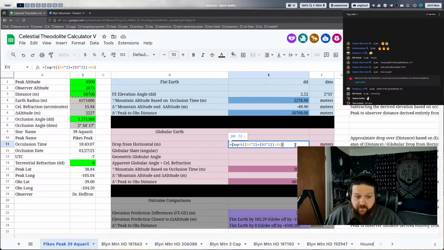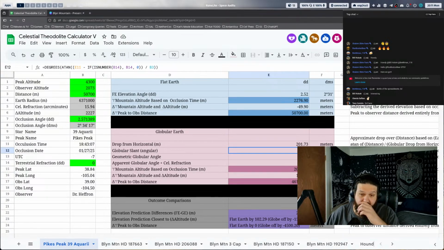So for the globe prediction, we just take the square of the radius plus the square of the distance, minus the radius, and that gives us what the expected drop is in meters. And then we convert that to an angle, doing the same tangent relationship that we did earlier. So just using this as an elevation and that distance, we get 13 arc minutes, and then we just subtract that from the flat Earth prediction.